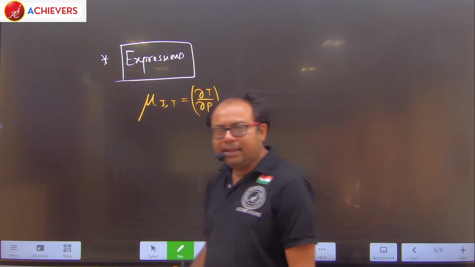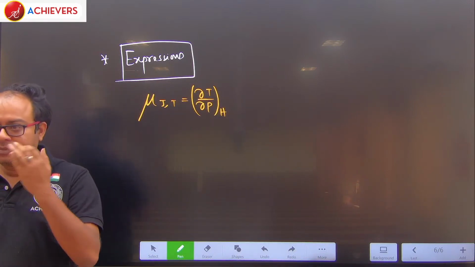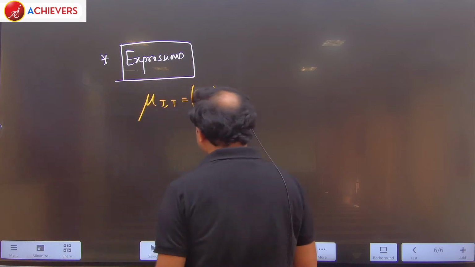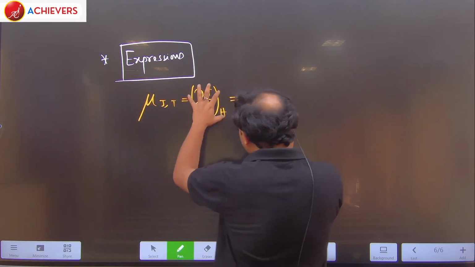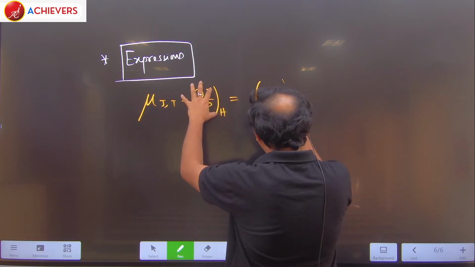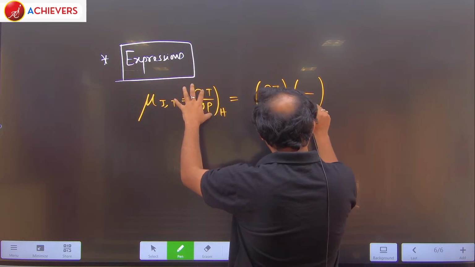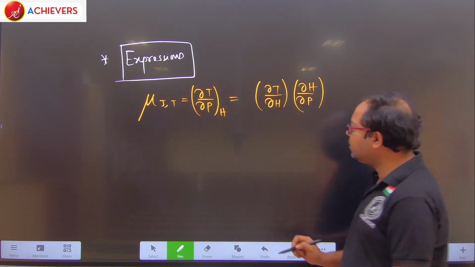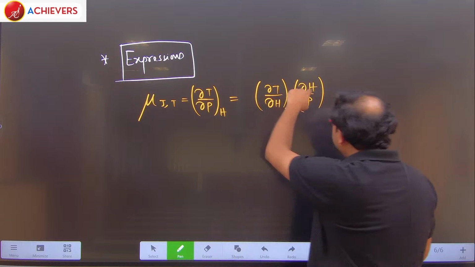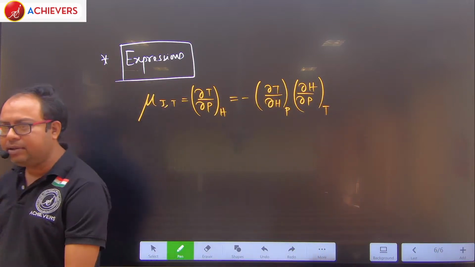Now, in this context, we'll be using the chain rule of state functions. As per the chain rule, we can split this term into 2 terms like this. Del T del P becomes del T del H at constant P and del H del P at constant T, and it will be a negative sign in front.